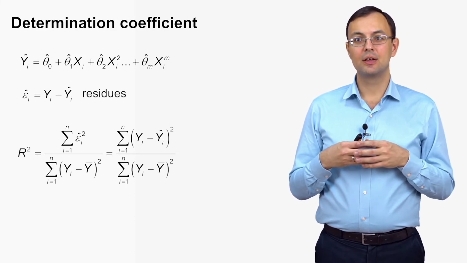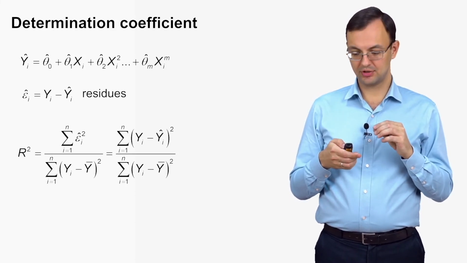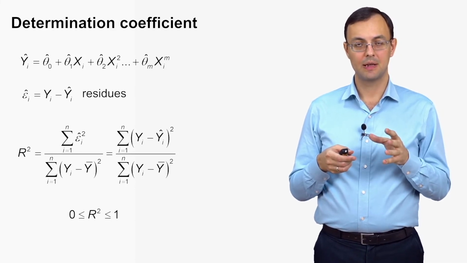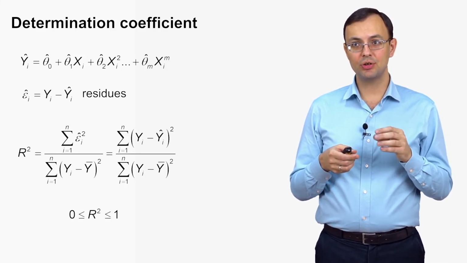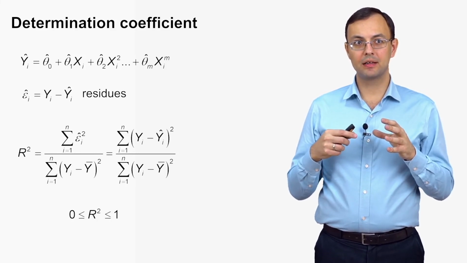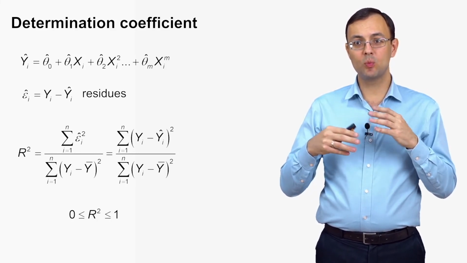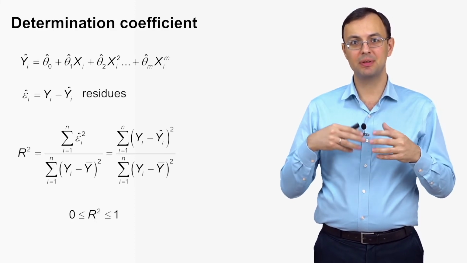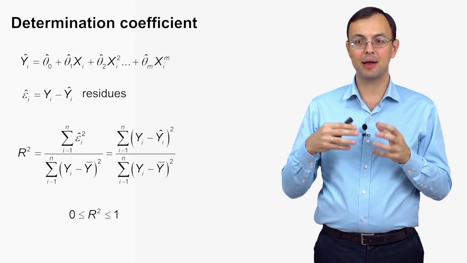So the determination coefficient always takes values from 0 to 1, and it shows us how much of the y can be explained by our model, can be explained via x by our model.